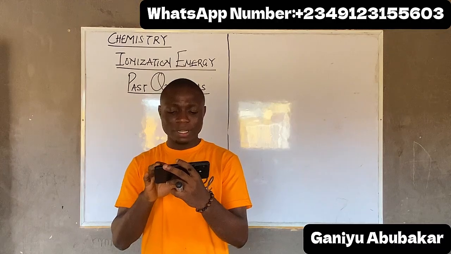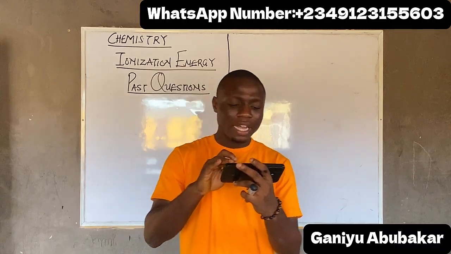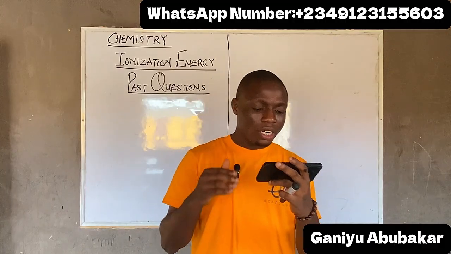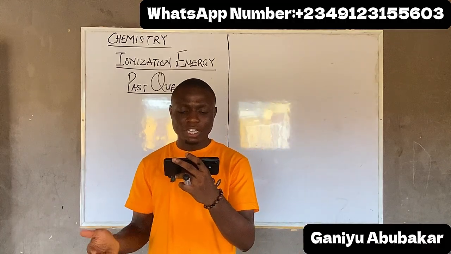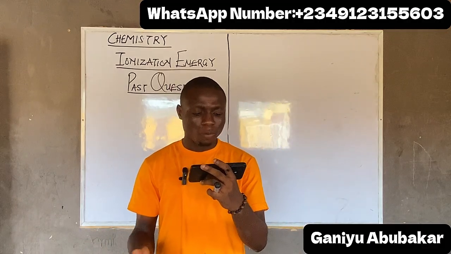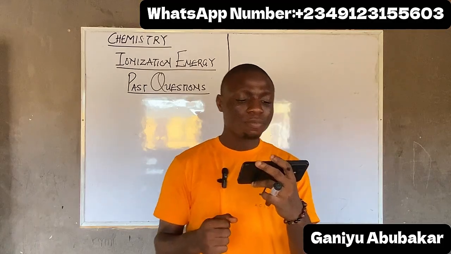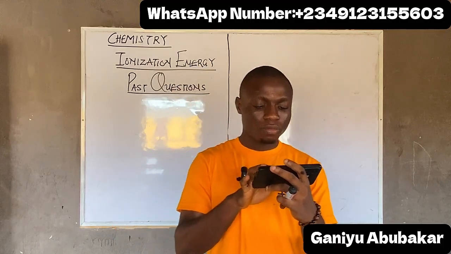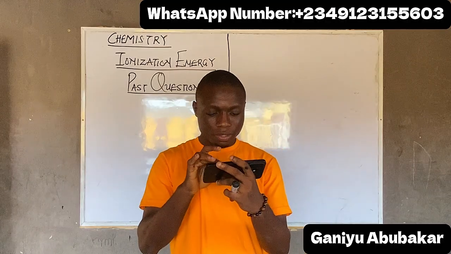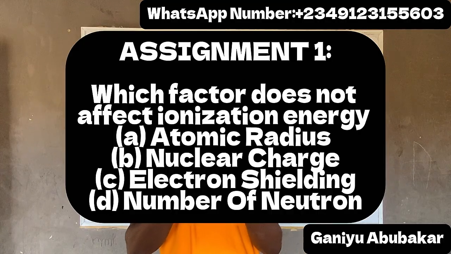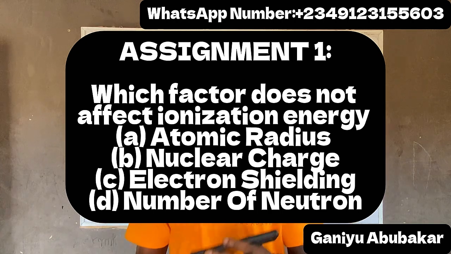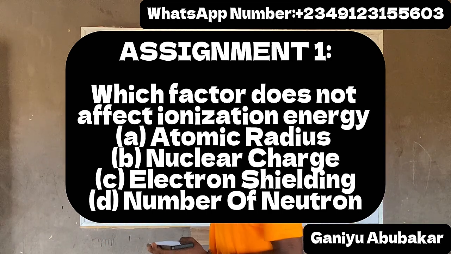So take this as an assignment from me. Leave your answer in the comment section of this video. It says, which factor does not affect ionization energy? Please listen, I just discussed that now.